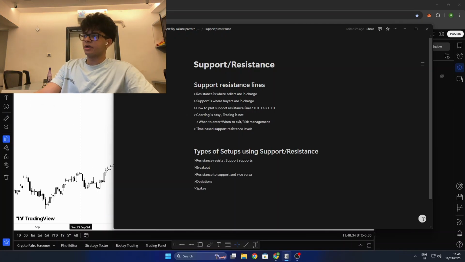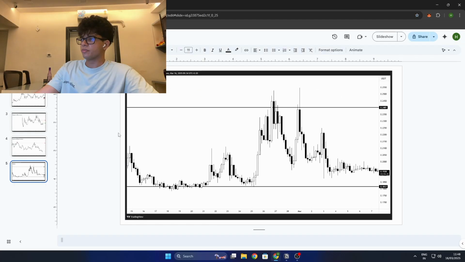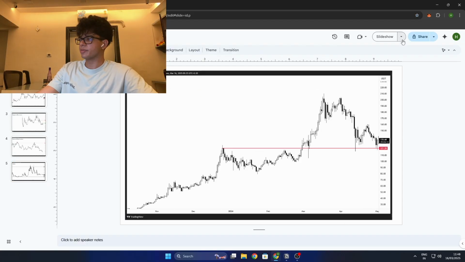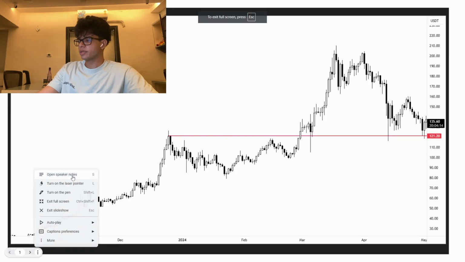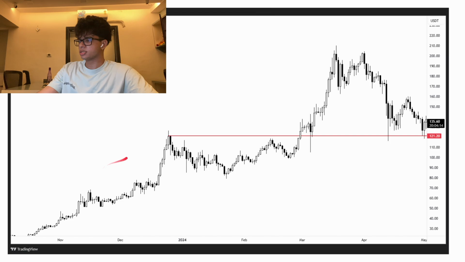So now I'm going to be covering types of support and resistance, like types of setups. So here's a little thing I made. This is a setup called the breakout setup. Here, as you can see, there's a resistance. This was the highest high made.